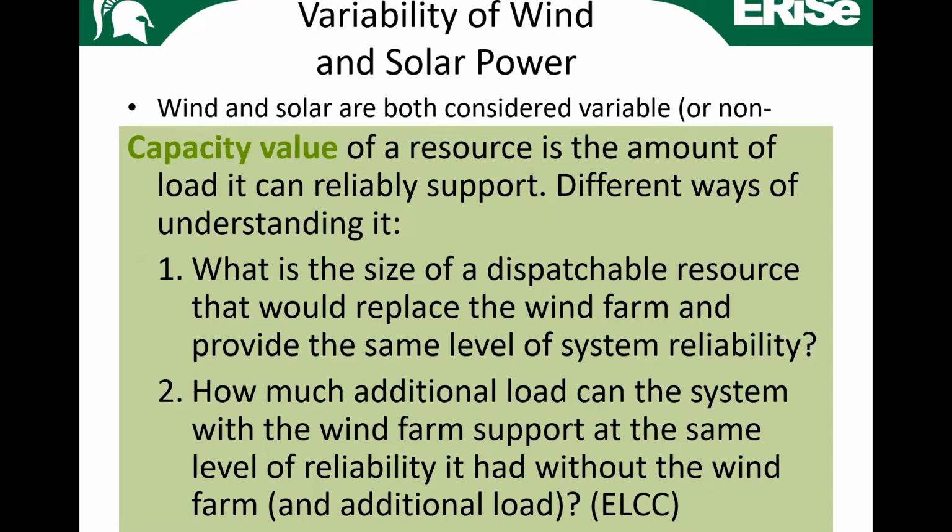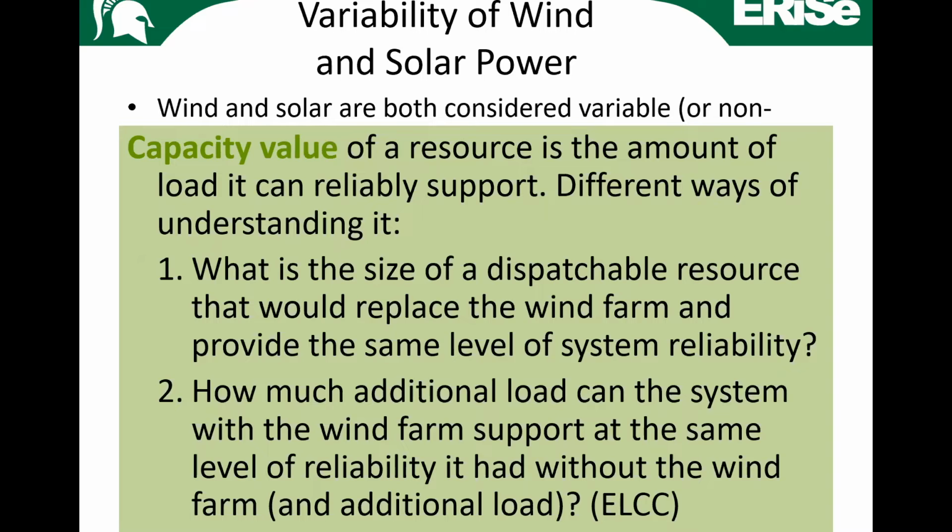We've talked about wind not being dispatchable, but if you had to replace it with a dispatchable resource that would produce power, like combined cycle plants or something, that would produce as much power, up to its capacity, as when you needed it to, then you could replace a 100 megawatt wind farm with something like a 20 or 25 megawatt conventional generator, because you can count on that, whereas you can't count on this, right?